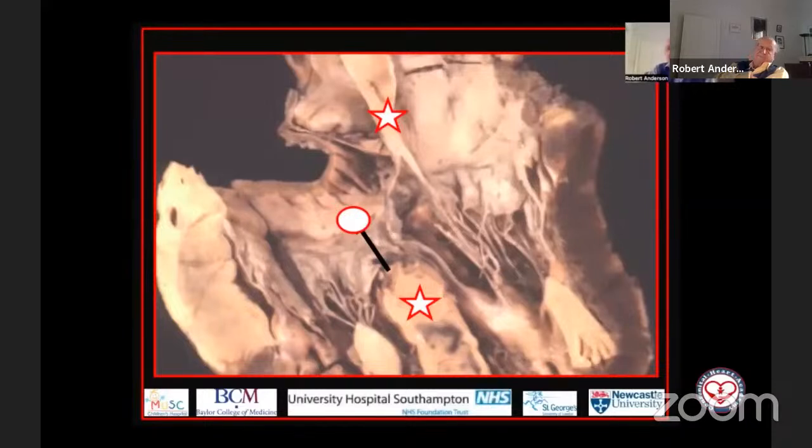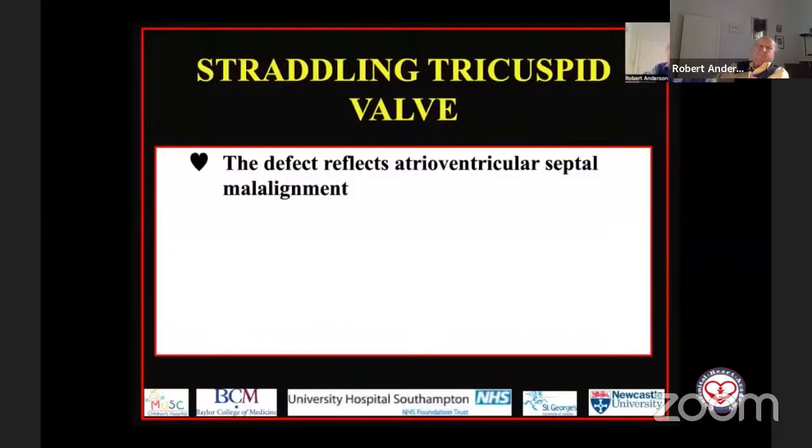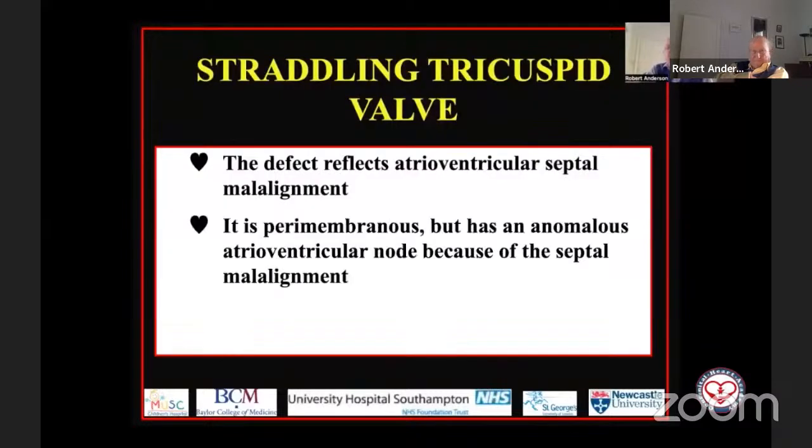So now Diane is going to show you the essence of straddling and overriding of the tricuspid valve, where there is a perimembranous malalignment inlet defect. The defect reflects atrioventricular septal malalignment. As you will see, it's perimembranous because there is aortic to mitral fibrous continuity, there is tricuspid to mitral fibrous continuity.